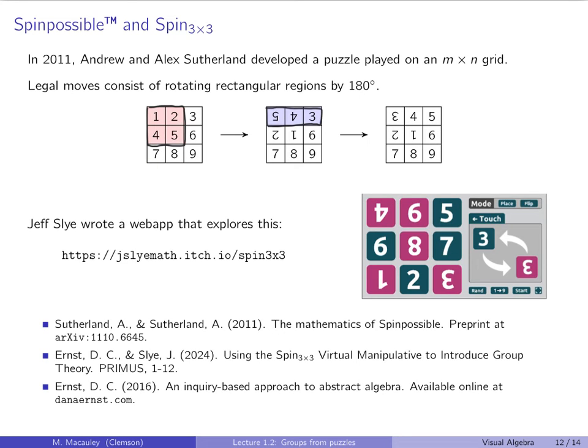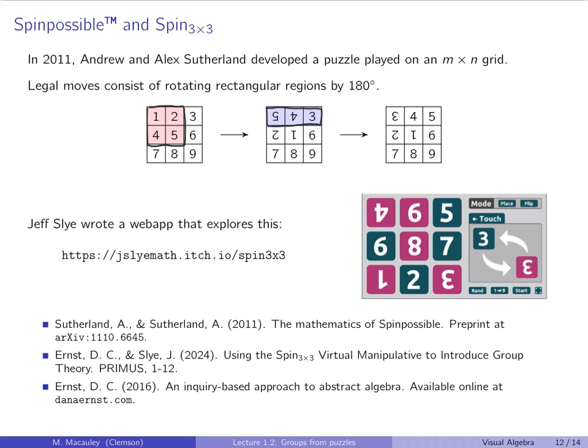Fast forward a couple years, and Dana Ernst at Northern Arizona University wrote a fantastic book on abstract algebra that uses Cayley graphs. It was also inspired by Nathan Carter's Visual Group Theory, so I encourage you to check it out. It is open source and freely available on his website. I will caution you that he considers multiplication being done from right to left instead of left to right.